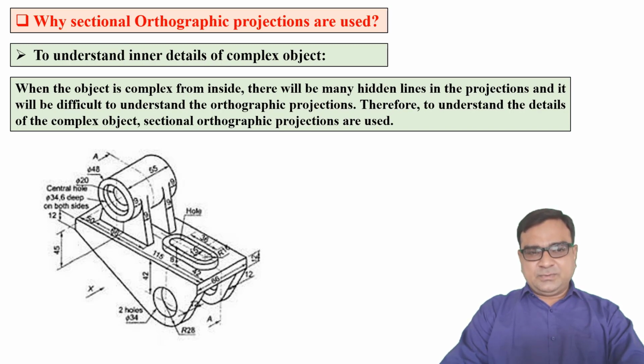So to clearly understand the internal shapes, we must know the sectional views of particular objects, like the sectional front view, sectional side view, or sectional top view. That's why we use sectional orthographic projections.